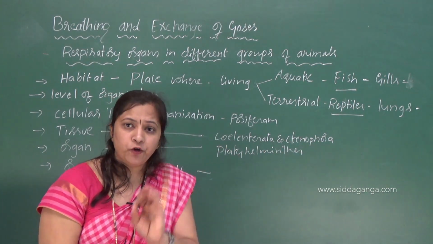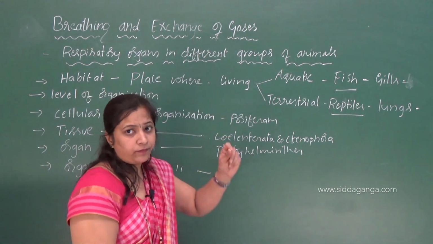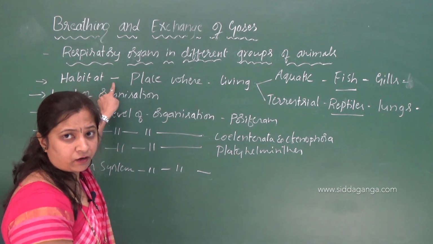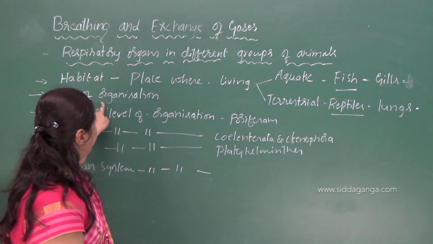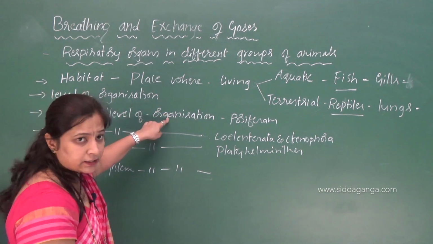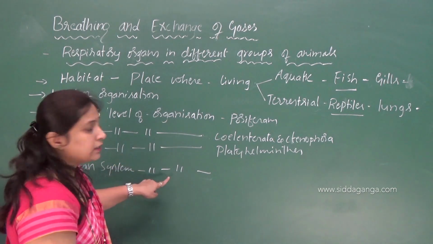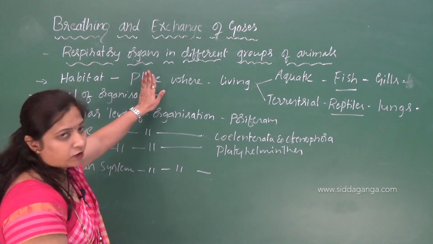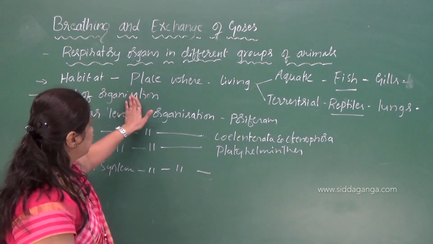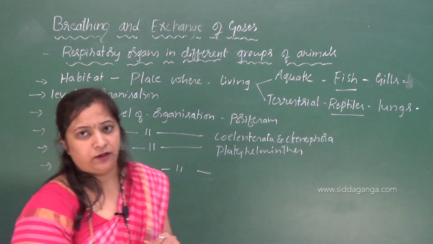But what you have to concentrate on here is that the nature of respiratory organ and the mechanism of breathing is mainly based on the habitat of the animal and the level of organization, whether the animal is at cellular level, tissue level, or organ system level. So here you concentrate just on these two factors, habitat and level of organization.